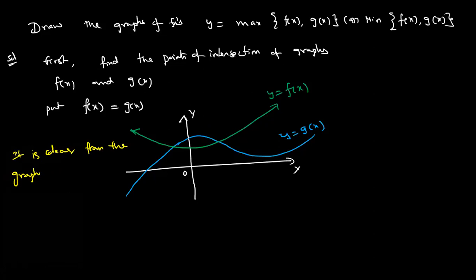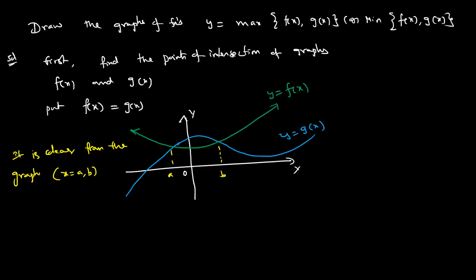Dear students, these two are intersecting, suppose. This is A. This is B. These two graphs are intersecting at A and B, for example.